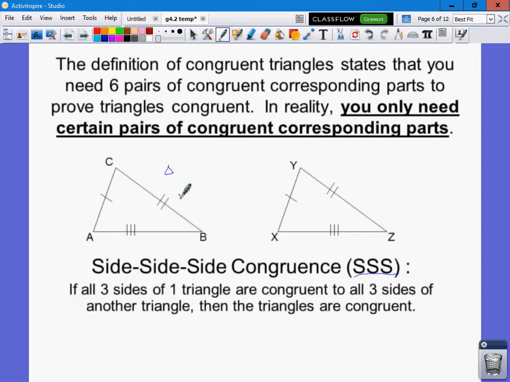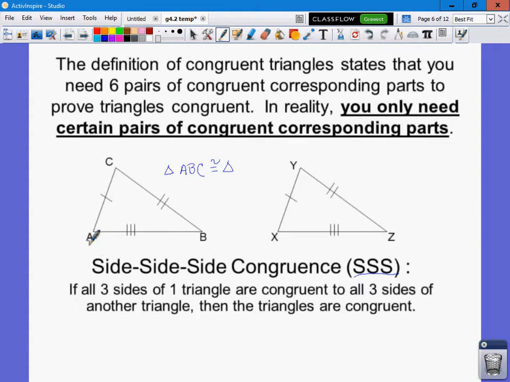The order of the first triangle does not matter. I'm going to write ABC. The order of the second triangle does matter because, remember, the corresponding parts have to be lined up.